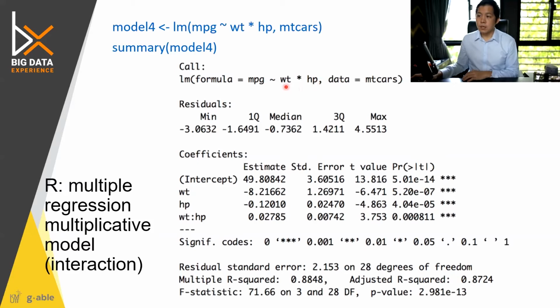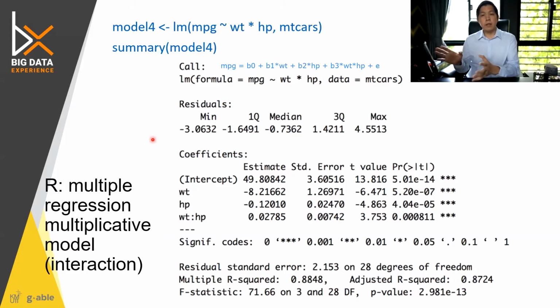So in the evaluation, the actual equation would be MPG equals B0 plus B1 times WT plus B2 times HP plus B3 times WT times HP plus epsilon. This will be the final equation. The final equation will look like this.